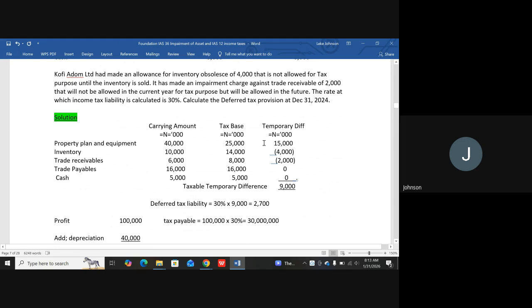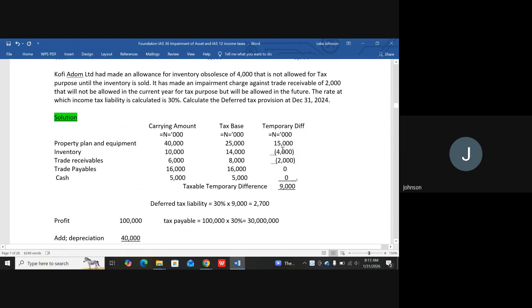When you have a positive figure, the figure is not favorable. When you have a negative figure, negative figures are favorable. So when you add these together, a positive 15,000 plus a negative 4,000 plus a negative 2,000, and there is no difference here. 16,000, 16,000, no difference. 5,000, 5,000, there is no difference.